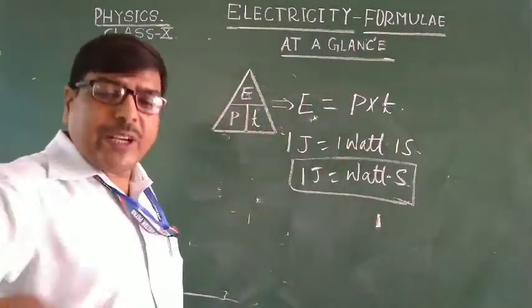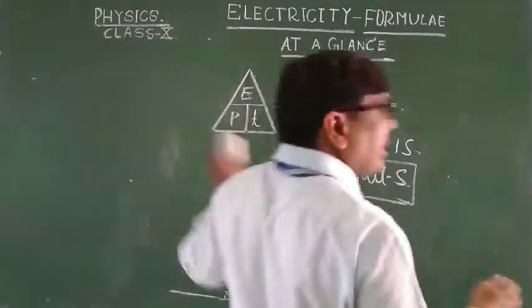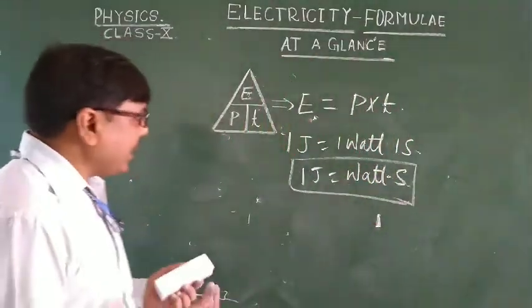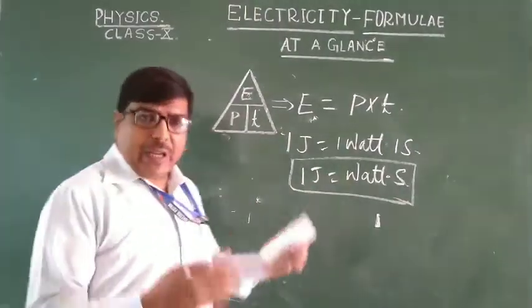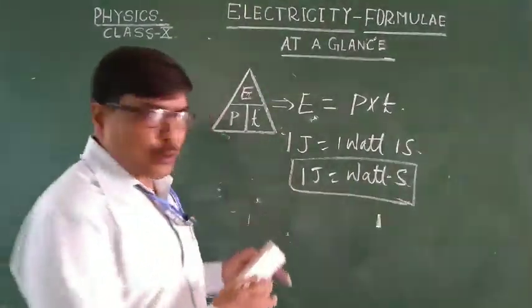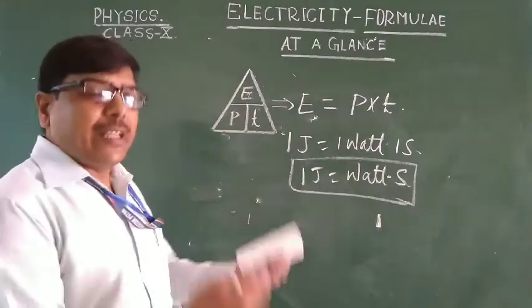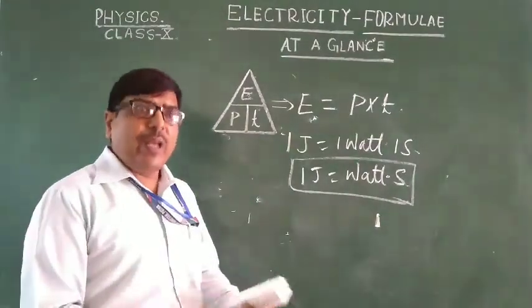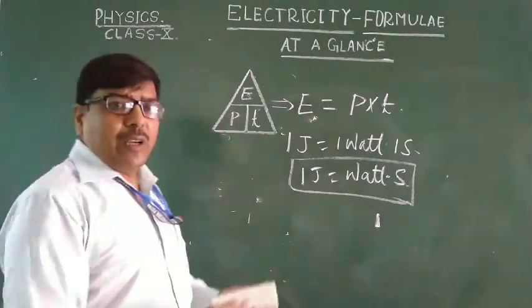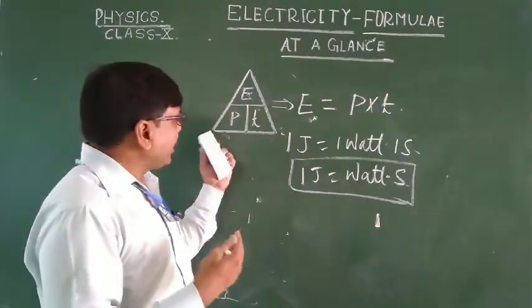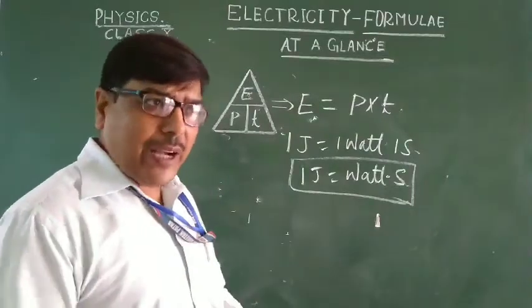Next, what is electrical energy? If an electrical device is connected in a circuit with a source of electricity, then electrical energy is consumed. In an electrical bulb, it produces light, so electrical energy is converted into light energy.